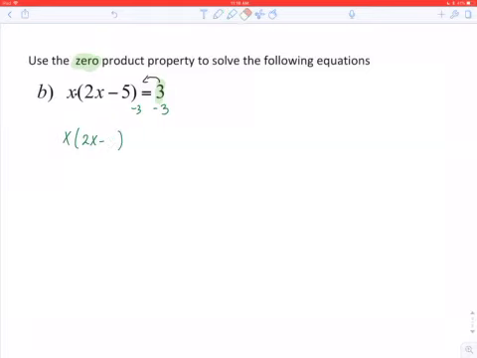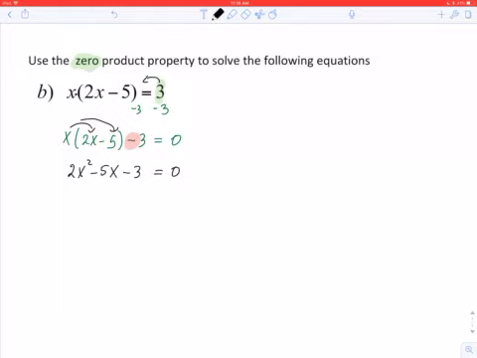So we have x times 2x minus 5 minus 3 equals 0. And now we see that on the left side we have a subtraction. It's not a multiplication anymore. So we have to first multiply out. So we have 2x squared minus 5x minus 3 equals 0.